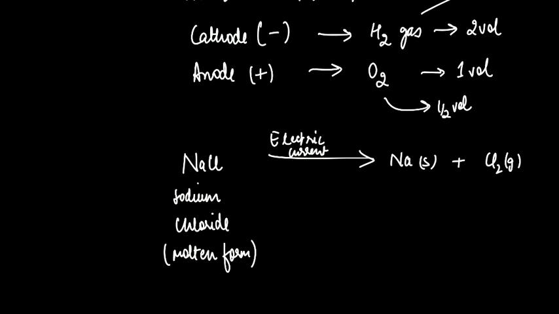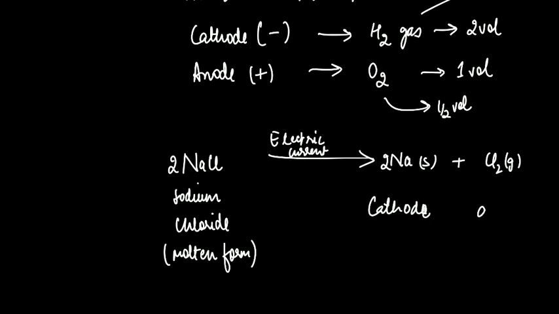Sodium is deposited in the form of, you can say, solid. And again, you can put half over here just to balance this equation. But if we don't want to, we can actually balance this perfectly. So sodium forms cation, so this will be deposited at cathode.